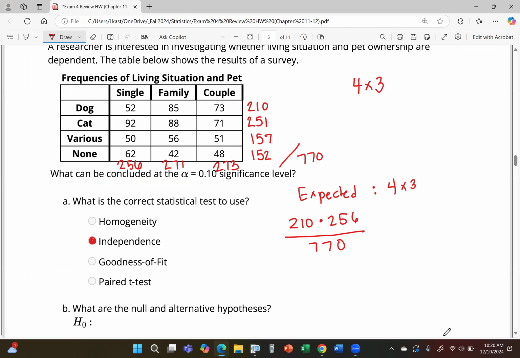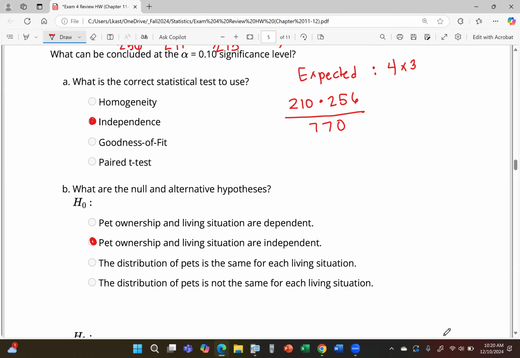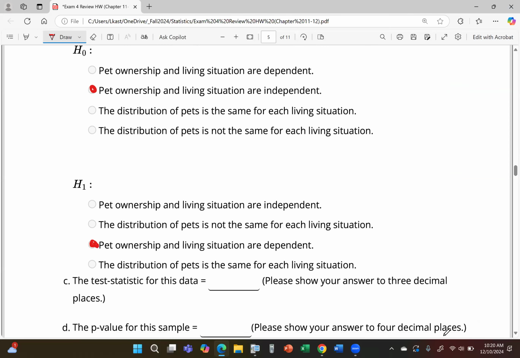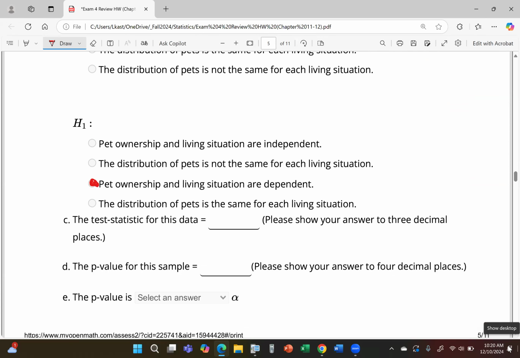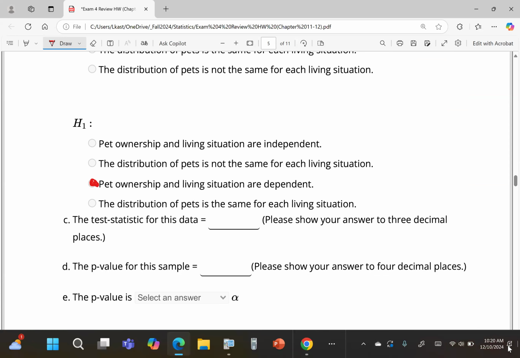So the chi-squared test statistic to 3 decimal places was 13.840, and the p-value was 0.0315 to 4 decimal places.